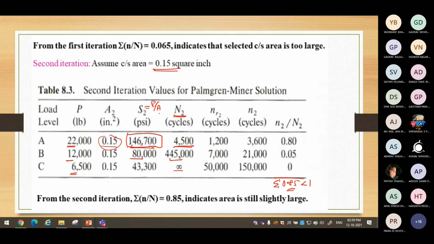If you want to be on the safer side, and consider some factor of safety, then you tell your customer this is the size: you have to go for a strut cross-sectional area of 0.15. As it is not mentioned what the shape of the cross section should be, square or circular, etc., we need not worry.